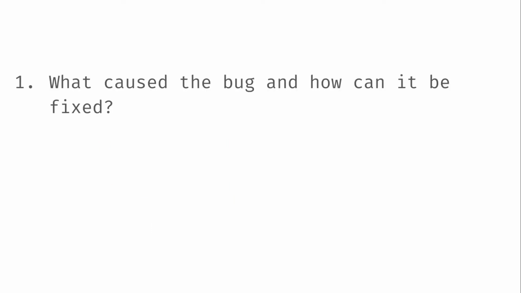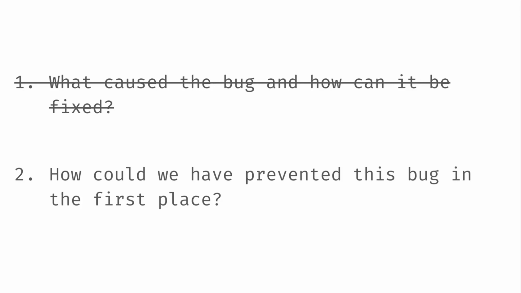But the interesting thing for me is not necessarily this first question, which is maybe relevant for Matthew: what caused the bug and how can we fix it? For me, the interesting question is more so, how could we have prevented the bug in the first place?